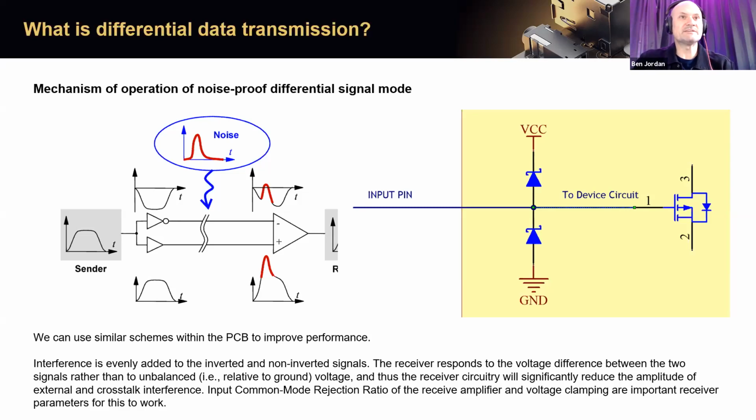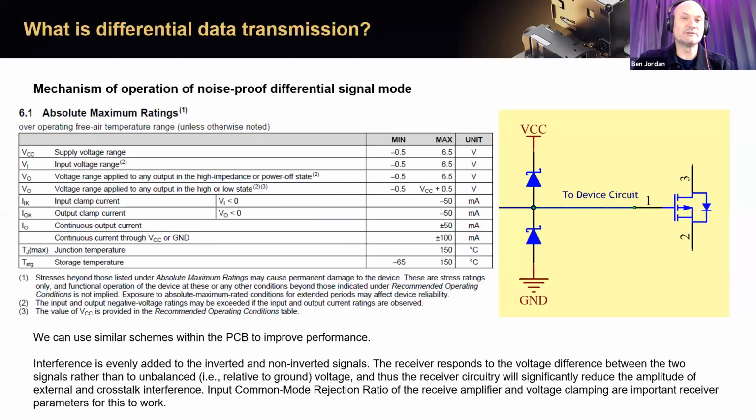And you can usually tell: some manufacturer data sheets include a table. Some may even include a circuit diagram that gives you the equivalent input circuit of their device, and they'll show you the clamping diodes. Others will simply give you a table like the absolute maximum ratings, and this is what gives it away. In this example here is the data sheet for a low voltage CMOS device, and we can see that the input voltage range can go from negative 0.5 volts, seems like the forward voltage drop of a clamp diode, up to 6.5 volts maximum.